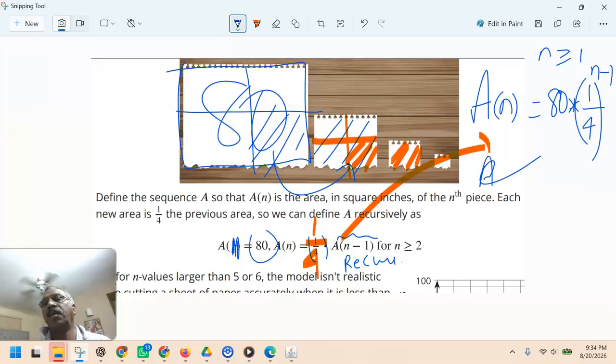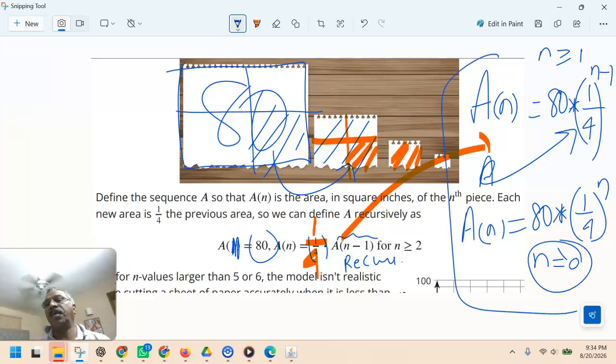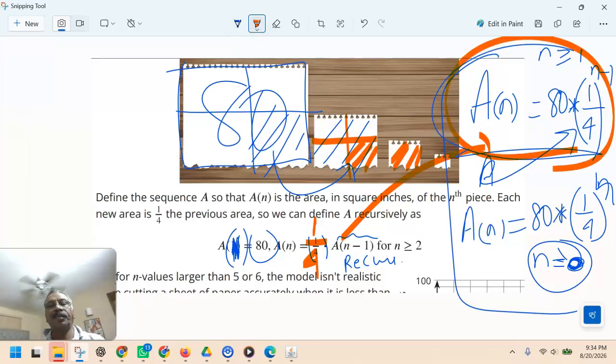Or you could write the same formula with 1/4 raised to n only. That's when you put n greater than or equal to 0. These are two different forms, which is confusing. If the original starts with step number 0, you just put n. But if the original step number starts with 1, like in this example, then this is the correct answer.